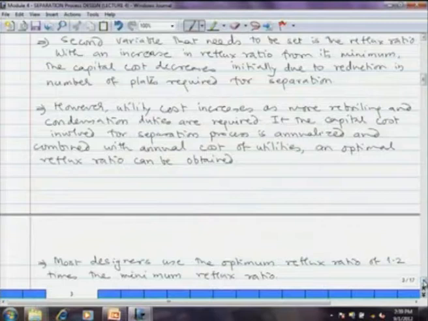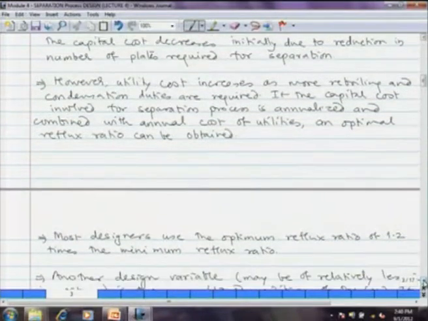However, the utility cost will go up because more reboiling and more condensation will be required. If the capital cost involved in the separation process is annualized and combined with the annual cost of utilities, you will always find that the total cost passes through a minimum against the reflux ratio.